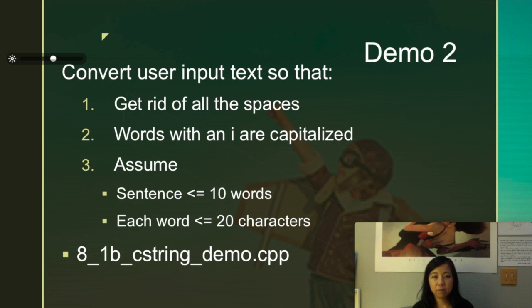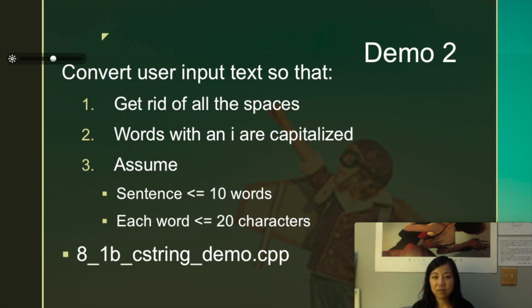So we are going to do this project to convert user input text to get rid of all the space between text and make it a good looking sentence. But then we are going to do something weird. We are going to look at each word.